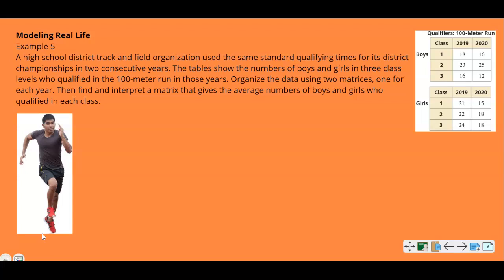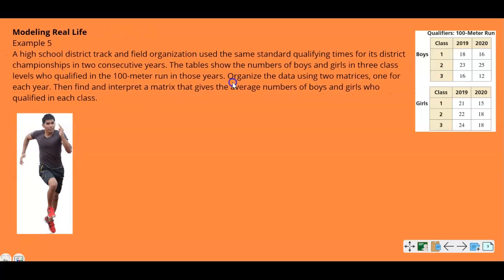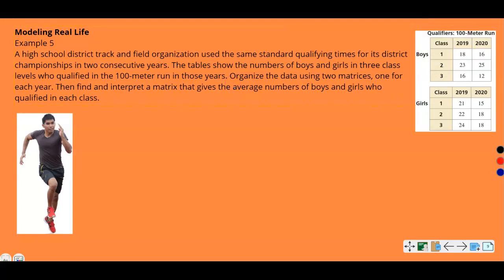Then find and interpret a matrix that gives the average number of boys and girls who qualify in each class. All right, so the first thing it says, organize your data into 2 matrices. And then it says, find and interpret a matrix that gives the average.